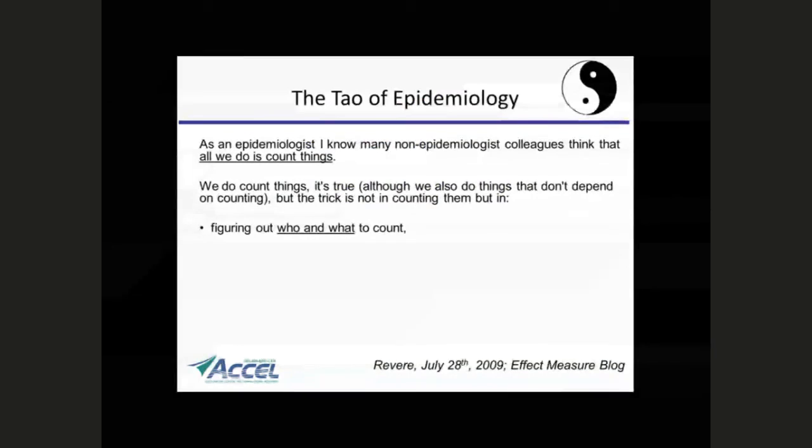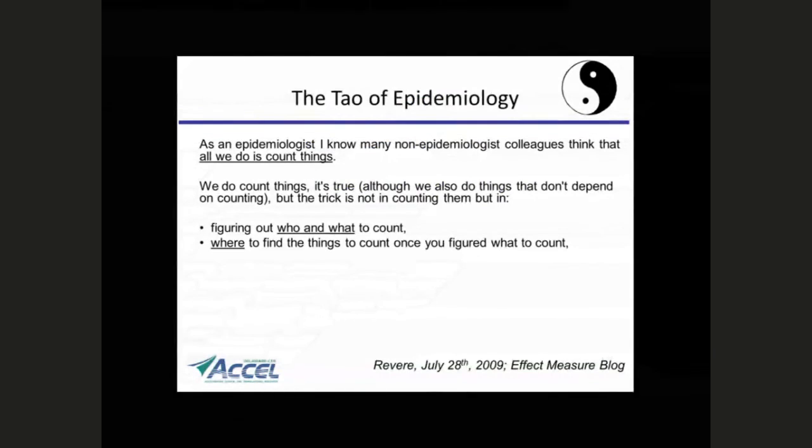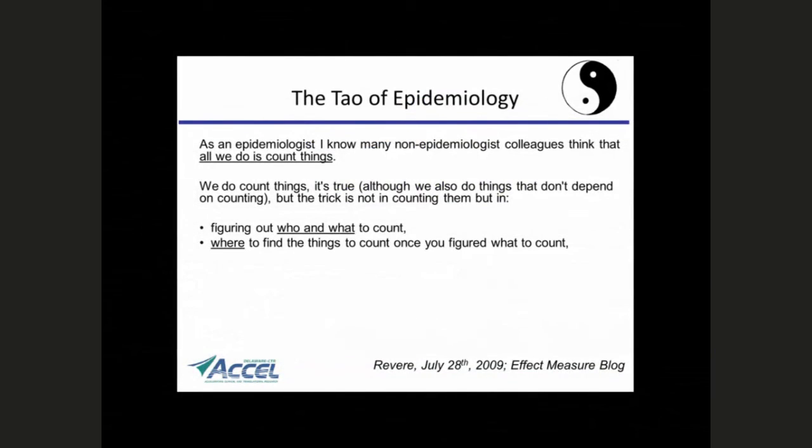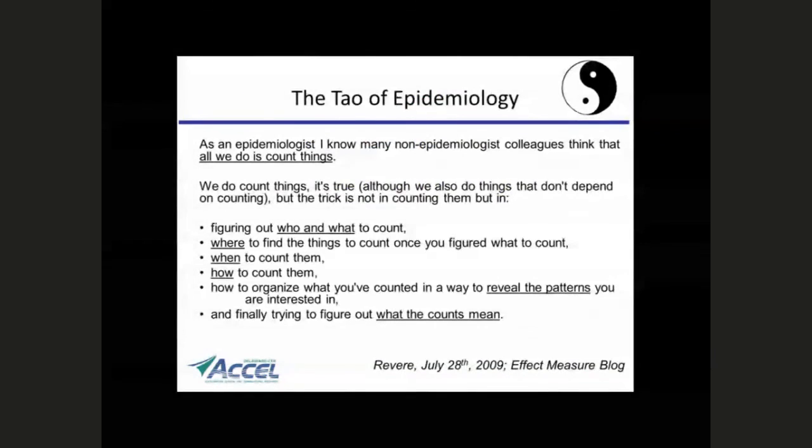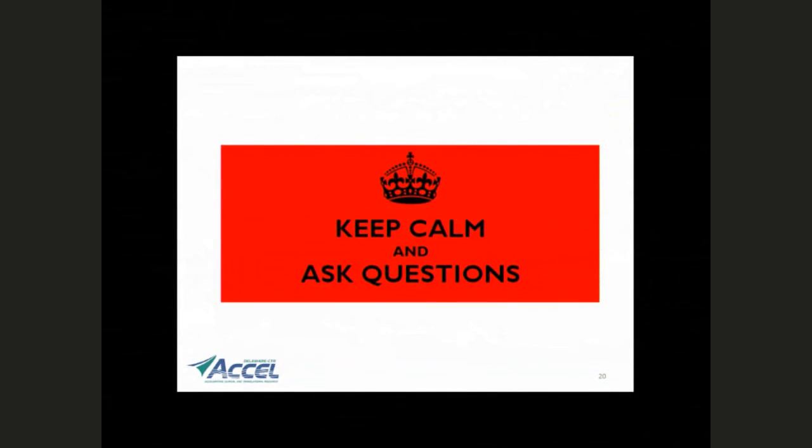So really figuring out who and what to count, where to find the things to count, once you've figured out what to count, when to count them, critically important, how to count them, and then how to organize what you've counted in a way to help you reveal patterns, to do that exploration. And then finally trying to figure out what those counts mean. And so in any research endeavor, always ask an epidemiologist.